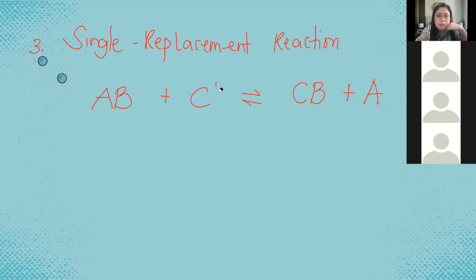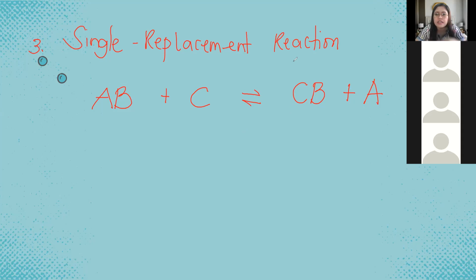Again, please remember, pag single replacement, you have there a compound, tapos ipapareact natin siya with an element. And then ang mangyayari, ang element na yan ay i-replace niya ang isang element doon sa original compound mo. Kaya naging AB plus C equals CB plus A. Yan yung tinatawag na single replacement.